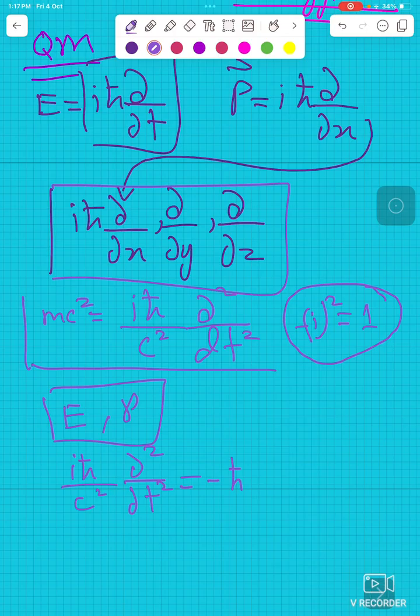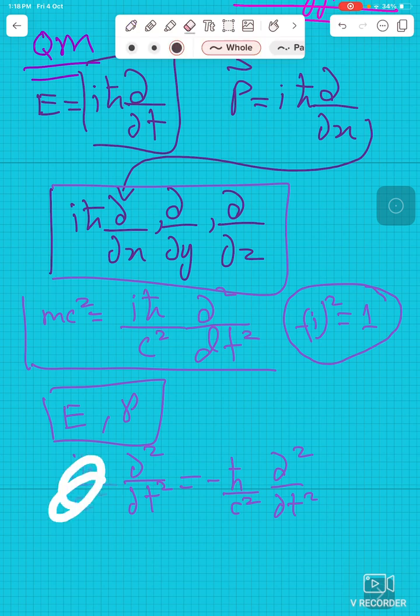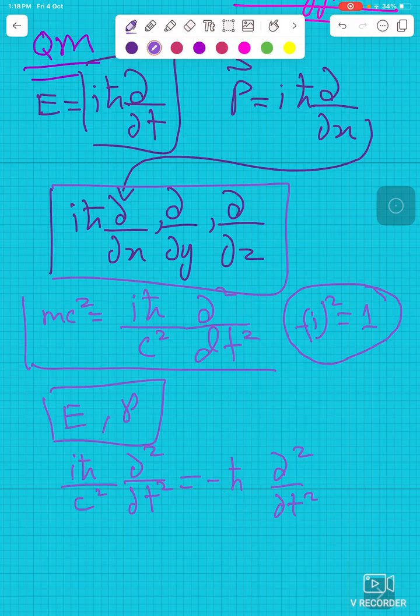Minus h bar over c square d over dt square, and wait, sorry.